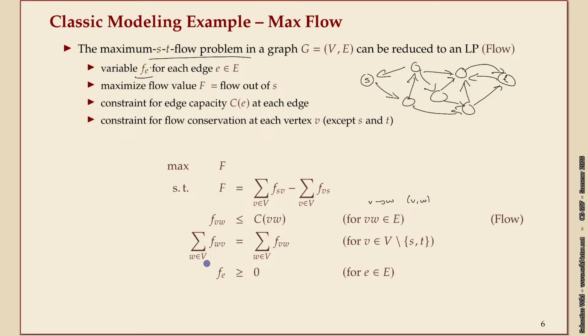So this is what goes in, everything that comes from some vertex W and goes into V. And that has to be the same as what goes out of V into some W, summing over all the other vertices. And these sums are a bit of a shorthand. If there is no edge, then there's no summand for that vertex.